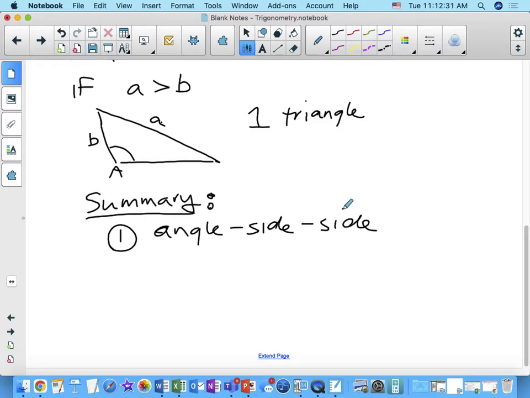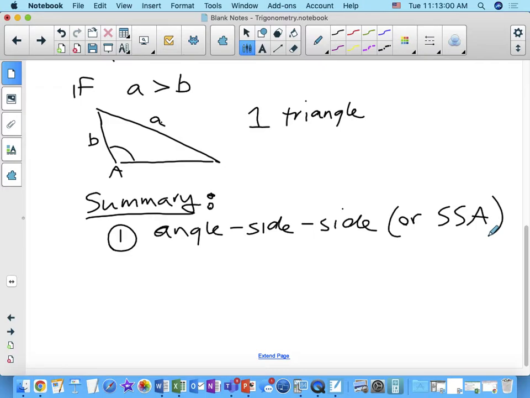Drawing is always a good idea. You need to have an angle, a side, and then another side. And also remember, it could be given to you in that order as well: side, side, angle. Because you can rotate things in a triangle or go in the reverse, like counterclockwise, and you're going to be given the same information. Okay?